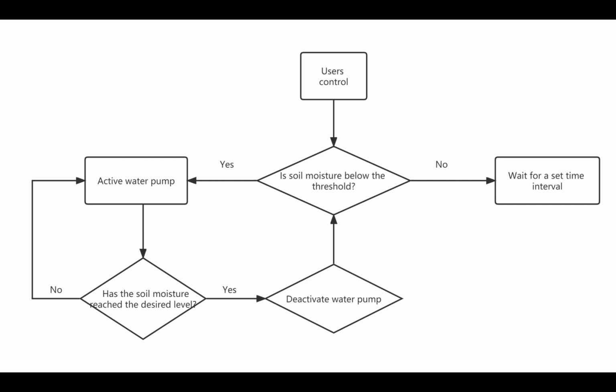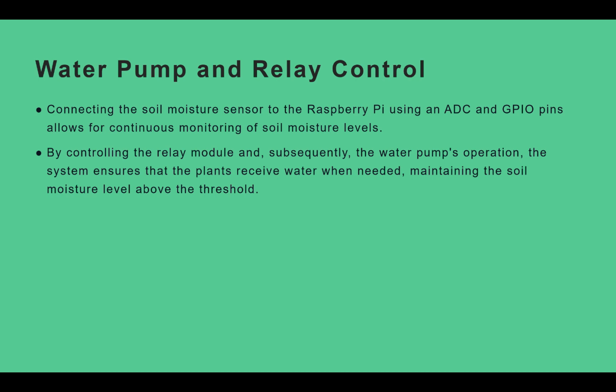And if the soil moisture is not below the threshold, we just wait for a set time interval until the time we set to water the plants. For the water pump and relay control, the water pump is controlled by a relay module connected to the Raspberry Pi.